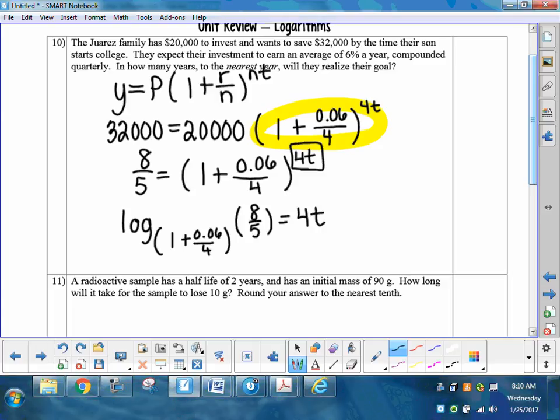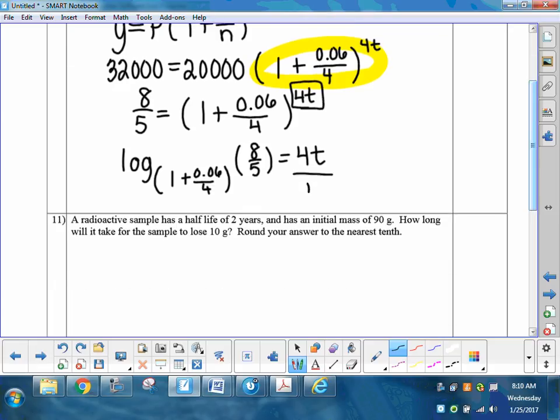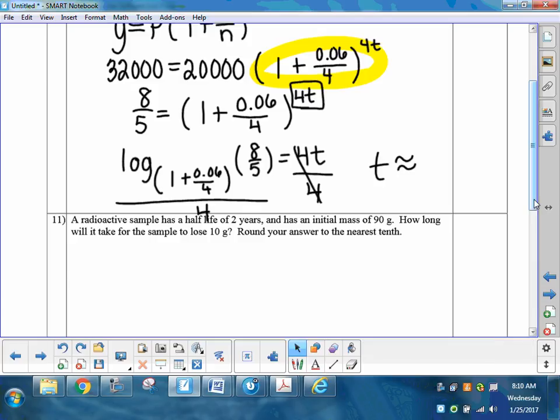What do I do now to solve for t? What's your next step? Divide both sides by 4. So you can literally go into your calculator. And yes, it's a giant awkward mess. That's all right. You can do it.